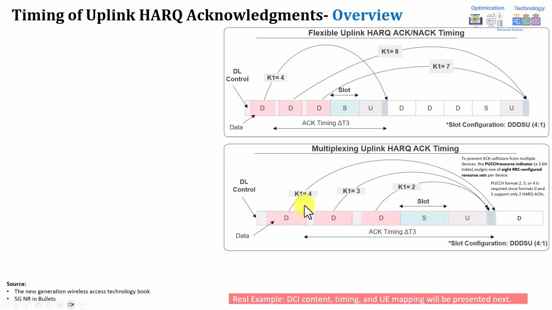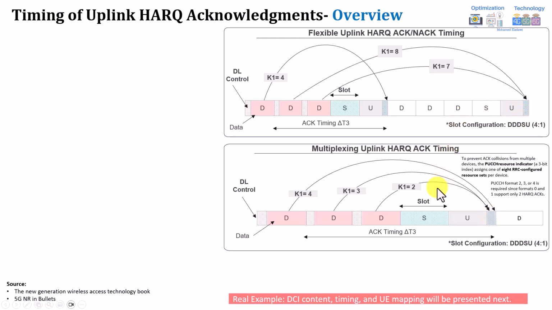For example, if you look here, the D1, the first three transmissions, all of them are multiplexed and sent at the same time. But there is some consideration from the gNB side, because it knows all of them are coming at the same time. This means all of them are transmitting in the uplink at the same time. So the gNB needs to take care of the PUCCH resources to avoid a collision in the acknowledgement resources.